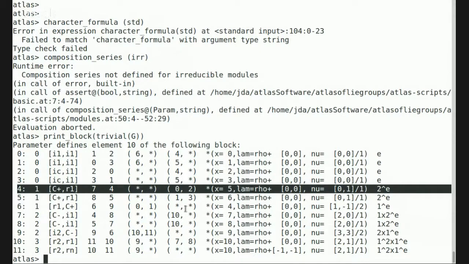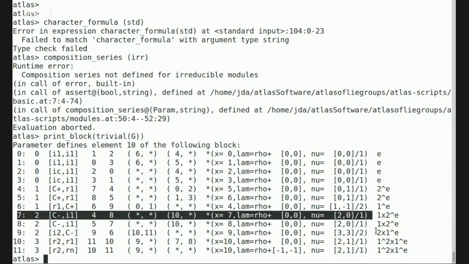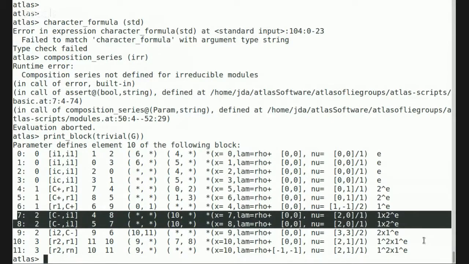I haven't talked too much about the cross action. This column here is telling you about the cross action. If you do a cross action in the first simple root, you get representation number 7. That's another representation on the same Cartan. And you can also do a cross action in 8. So both of these representations are on this Cartan.